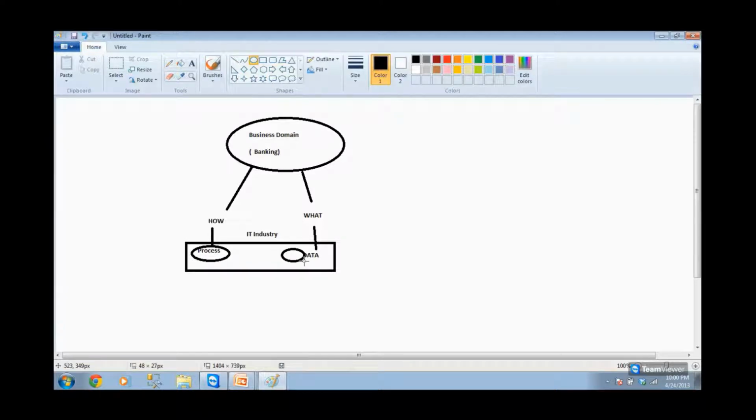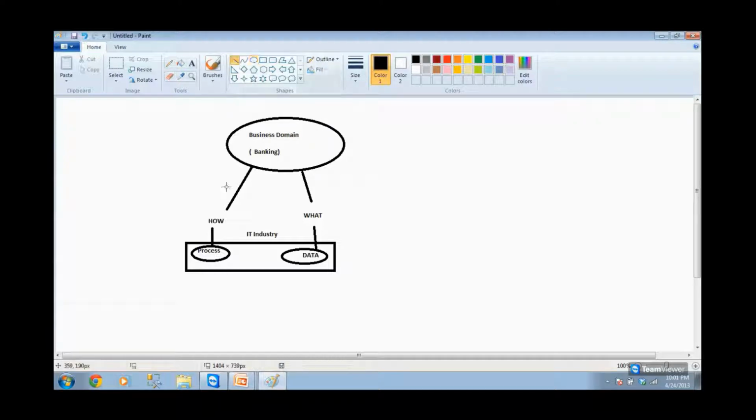Whether you take Microsoft, Infosys, Wipro, Google, anything in this world, they're working for a user, and the IT companies are doing only two activities: working towards the process side or working towards the data side.